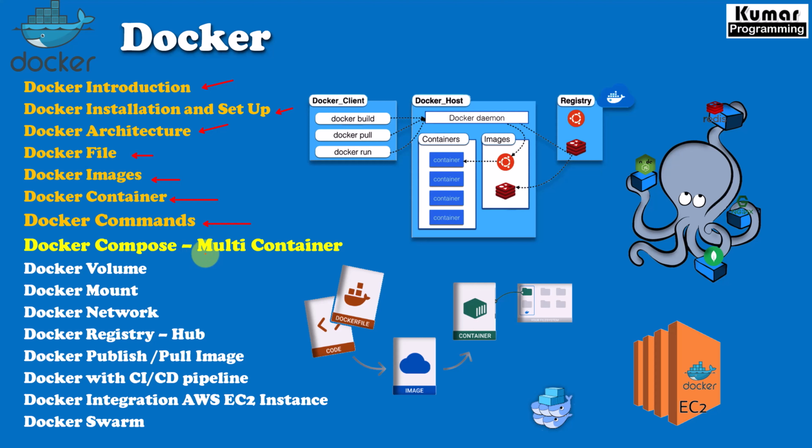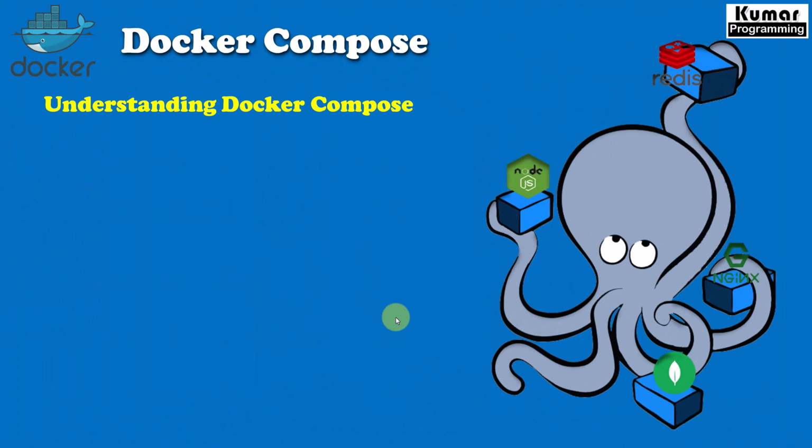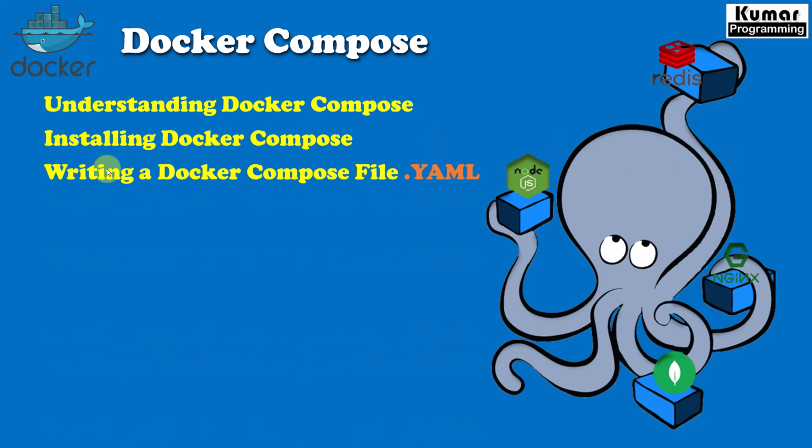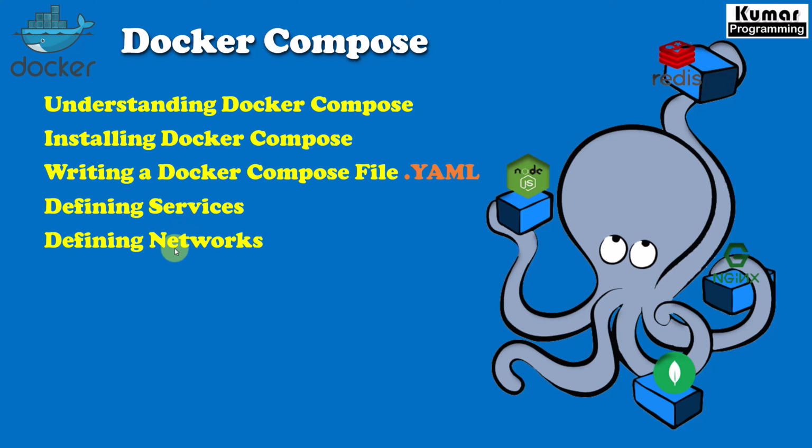Okay, now let's see what all the things that we are going to cover inside our Docker Compose. We will understand what Docker Compose is and why we use it. After that, we will install our Docker Compose plugin, and further we are going to write our Docker Compose file. That is nothing but a YAML file, right? We will learn more about the YAML file later on in this video, and further we are going to learn how to define our services, networks and volumes.